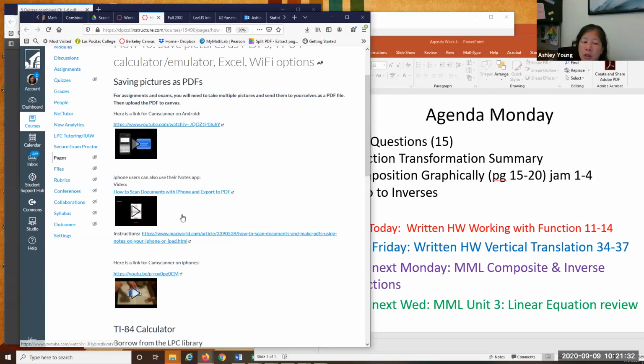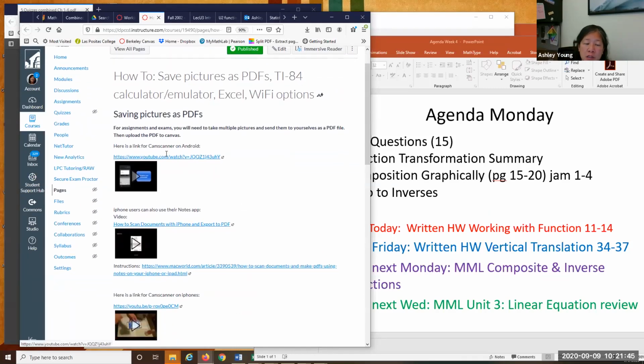It shows you how to scan multiple pages. You take another picture for the next page, and then you save them all as one PDF file. This is the video for iPhone. You can do it either through your Notes app or through Cam Scanner, either one.